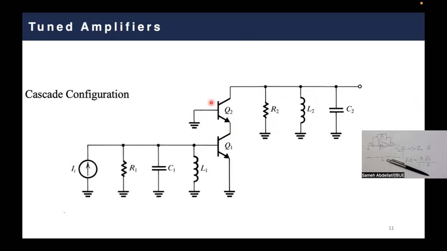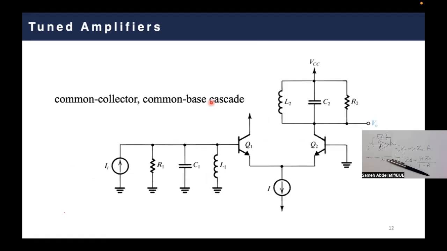So you still compensate the parasitic effect or the Miller effect, and you avoid having this feedback capacitance connecting the output to the input. Another circuit herein is a common collector-based cascaded configuration. So you have this sort of mirroring transistors, Q1 and Q2, with the same current source connecting both together. And this mirroring transistor acts to mirror the input here.